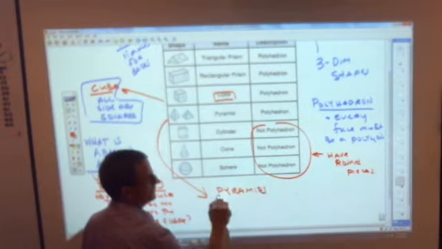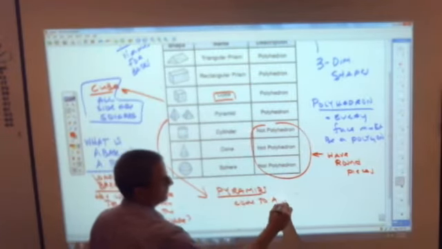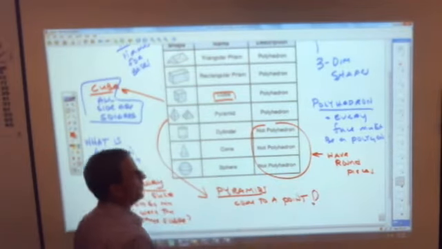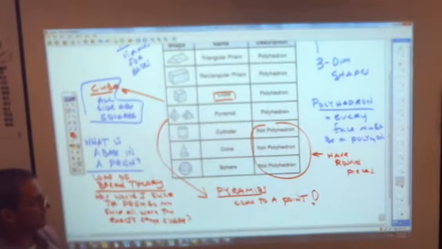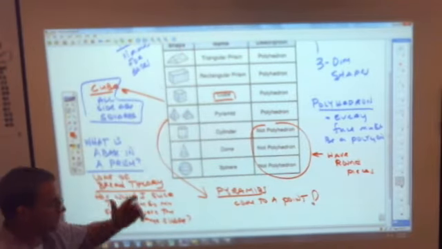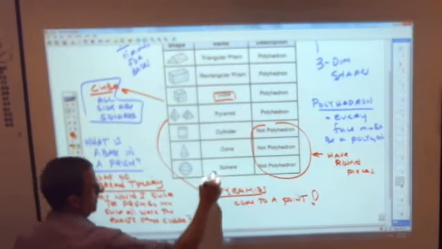Pyramids come to a point, and the base is always opposite that point. Point, base is opposite. And technically, a cylinder is really a circular prism, but we call it that. Same thing, a cone comes to a point opposite its base. A sphere is just the same thing as a ball.